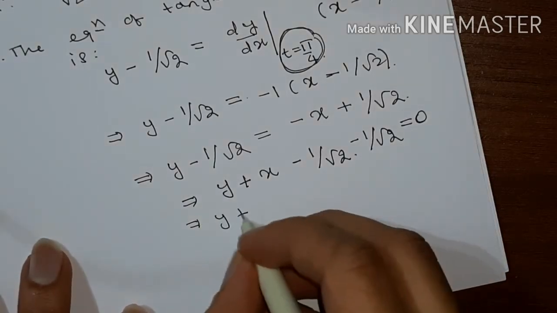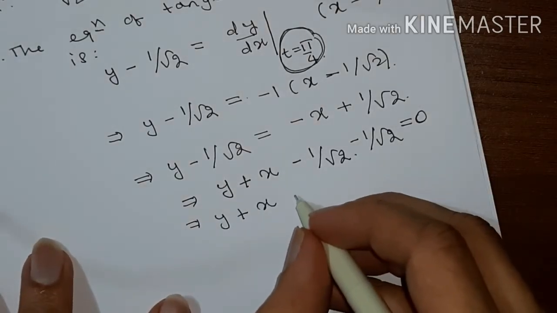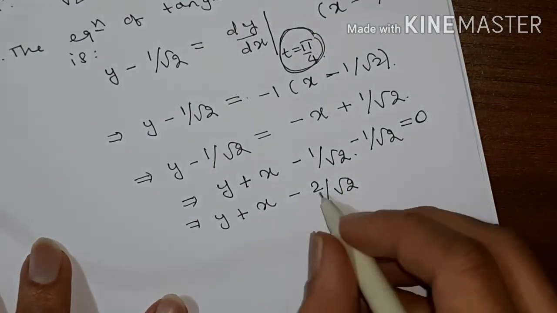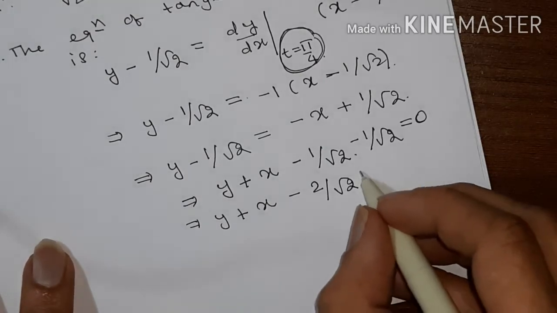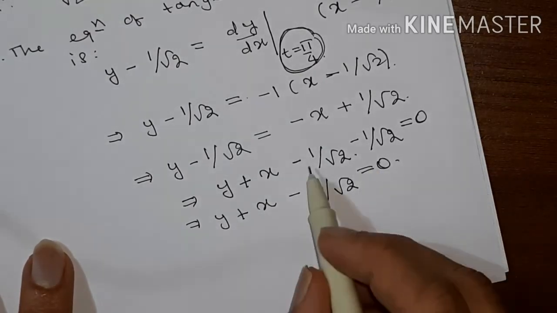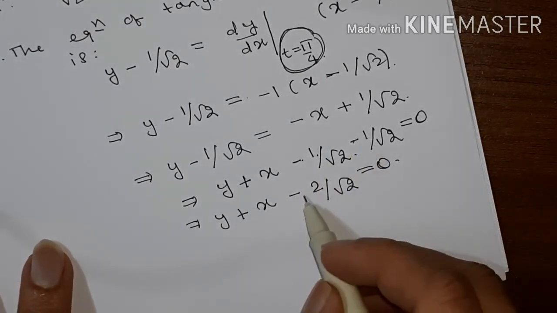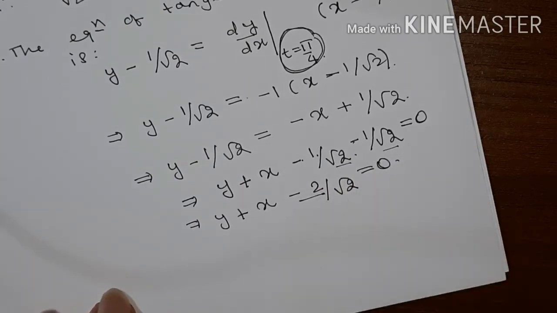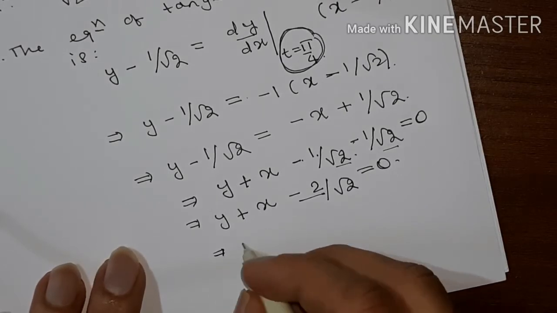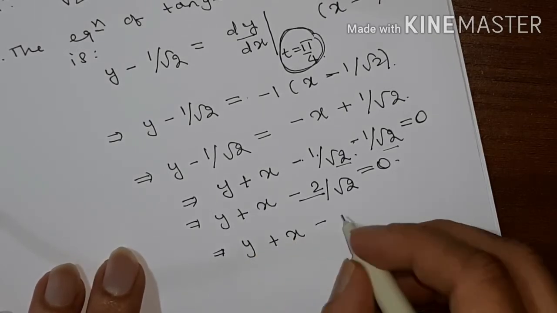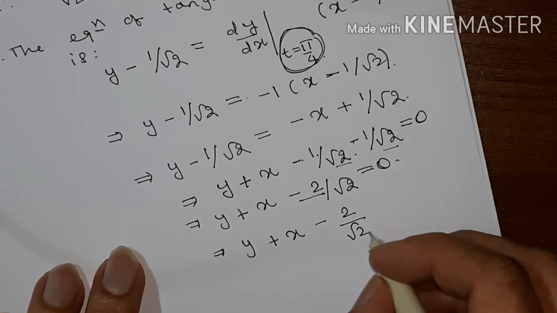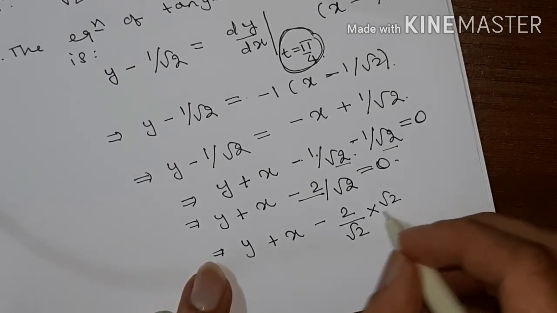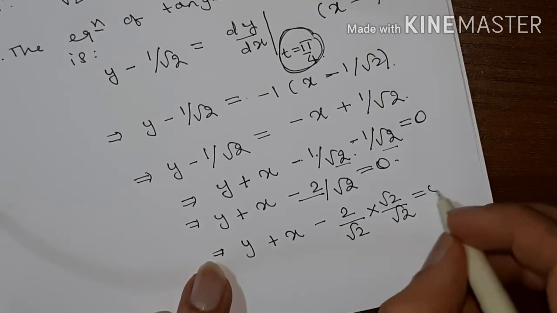So this is y plus x minus 2 times 1 by root 2, that is minus 2 by root 2, equal to 0. Minus 1 and minus 1 is minus 2, and the denominator is root 2. We have to rationalize this, so multiply by root 2 divided by root 2.